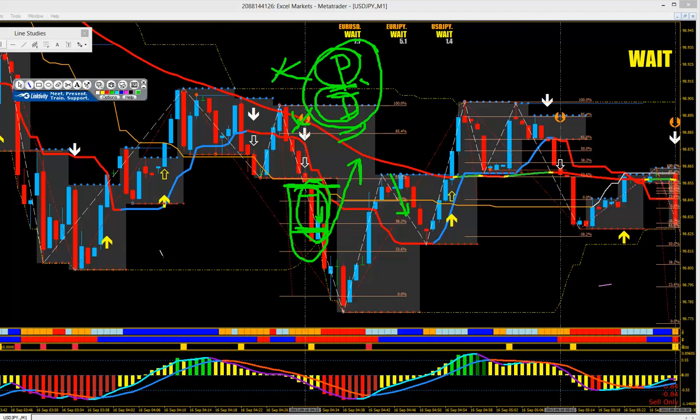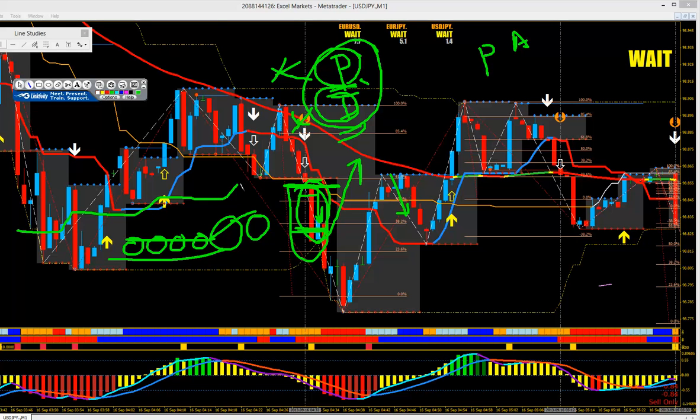Okay, other thing is, while I'm here, I might as well explain it. We believe in pip accumulation. We want to make sure, or endeavor, that our equity ball stays the same size or larger. We're quite happy to look like this. We do not like this kind of setup.